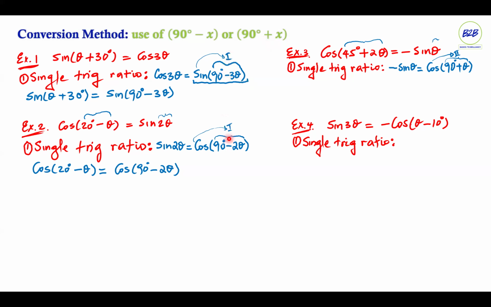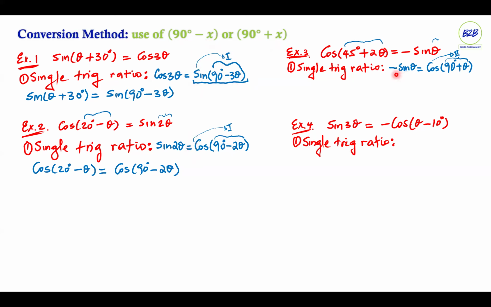But so far we have used only 90 degrees minus x. So you can just stick to that. It really doesn't matter. You can stick to 90 degrees minus x, when the coefficients of sine and cos are positive, right?